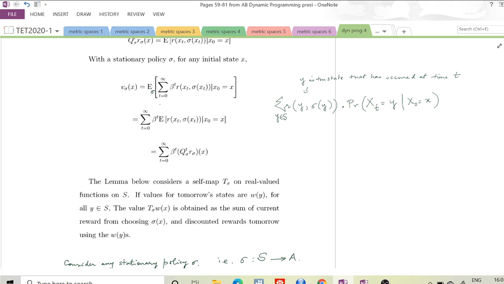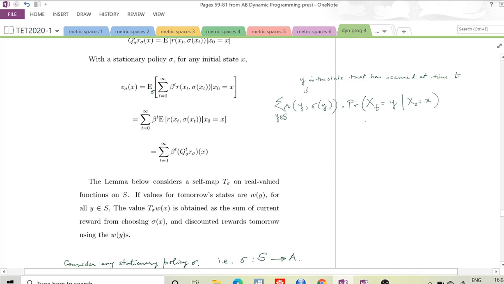So for any particular time t, my contribution to discounted present value is beta to the t times expectation, which is this: my rewards at time t, if the state is y and I play sigma of y, times the probability that the state is y at time t, given that the state is x at time 0.